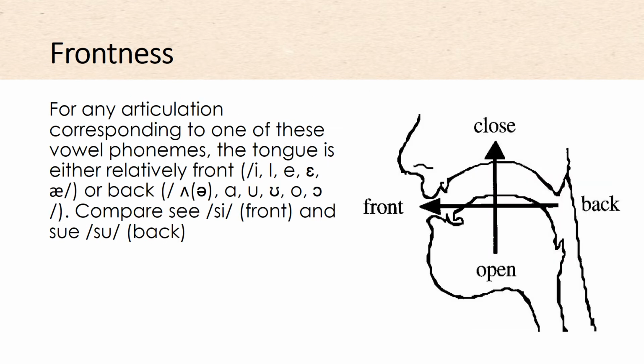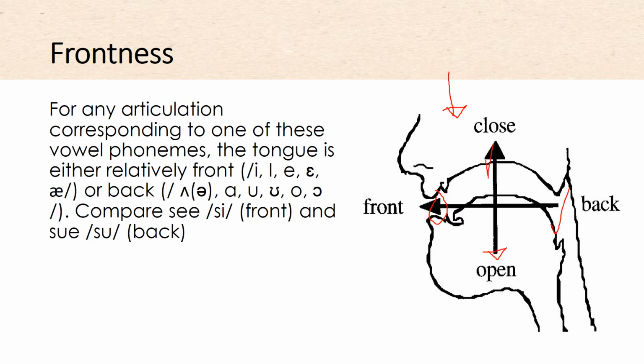The second physical dimension is the frontness. For any articulation corresponding to one of these vowel phonemes, the tongue is either relatively front or back. So we have here a representation for you to understand the position of the tongue. We have the front, the back, the closed or the upper part, and the open.